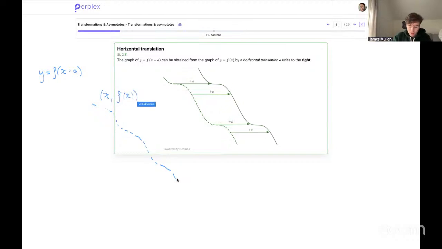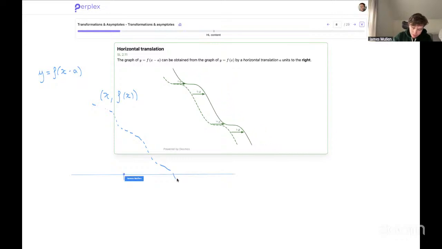All right? So I want you to imagine now that we are graphing f of x minus a. And let's say that we pick an x value. Can I draw this better? I can. Let's say we pick an x value here, and then x minus a is over here.